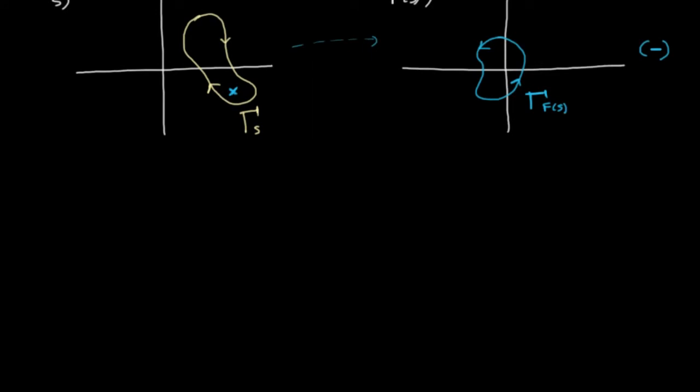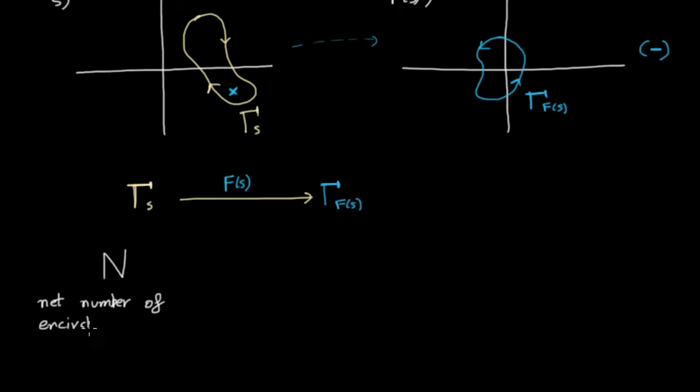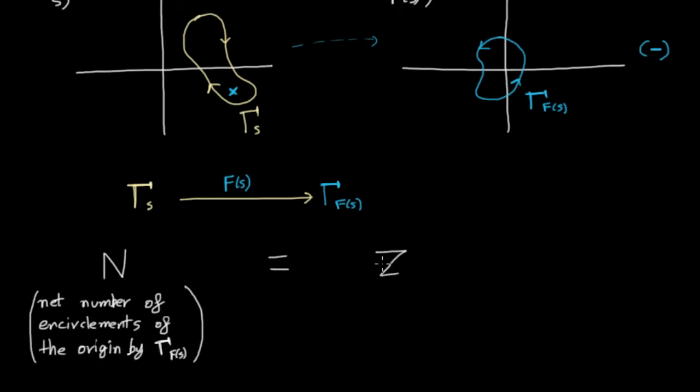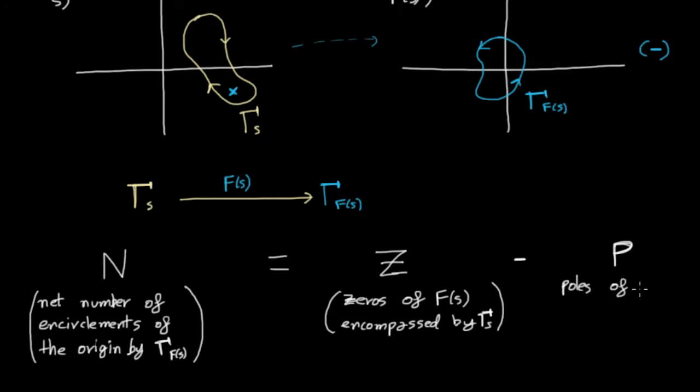If we take a closed trajectory gamma s with certain direction and pass it to the function f of s, generating an image trajectory gamma f of s, the net number n of encirclements of the origin by the image trajectory is equal to z, the number of zeros of f of s encompassed by gamma s, minus p, the number of poles of f of s encompassed by gamma s.